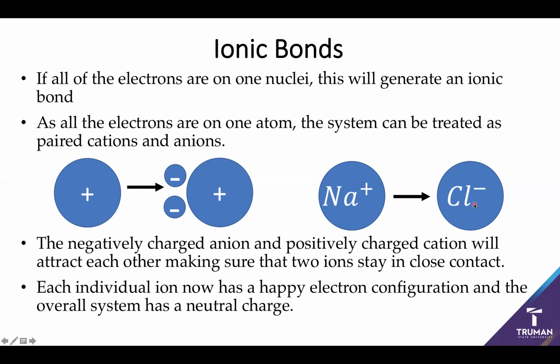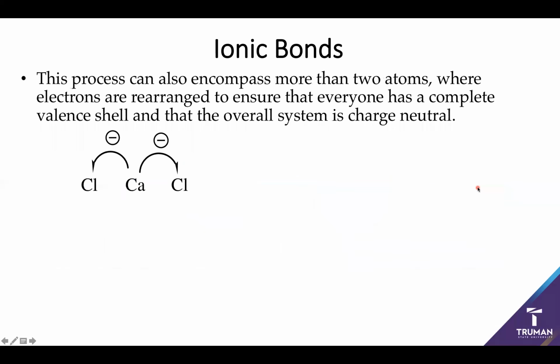And one of the big things about this general structure is that this sodium is fairly happy because it's got a noble gas configuration. This chlorine is happy because it's got a noble gas configuration. But the biggest thing is they have to stay together. Otherwise, we have unbalanced charges. And a big feature of these Coulombic interactions is you want the overall system to be charge neutral.